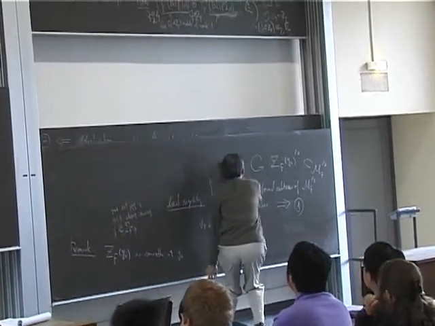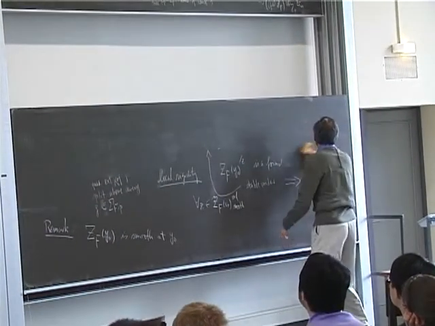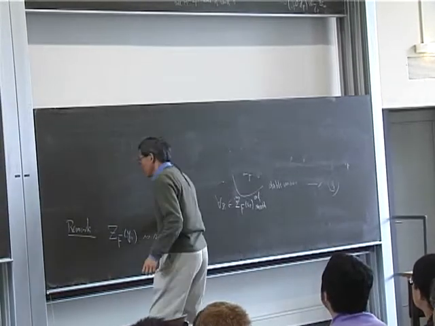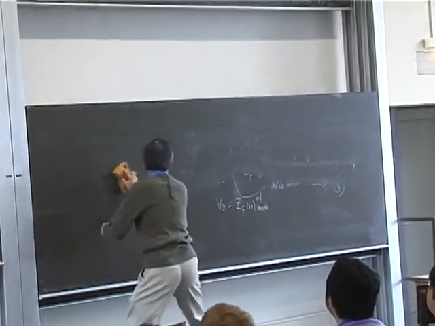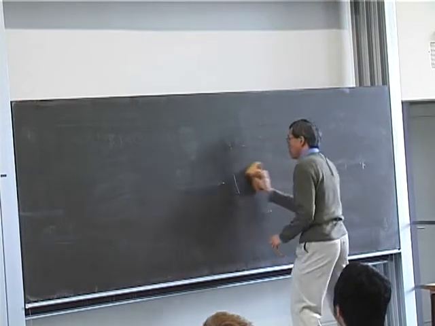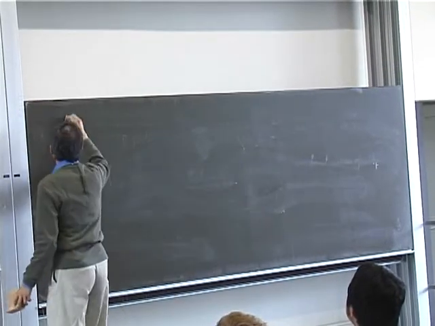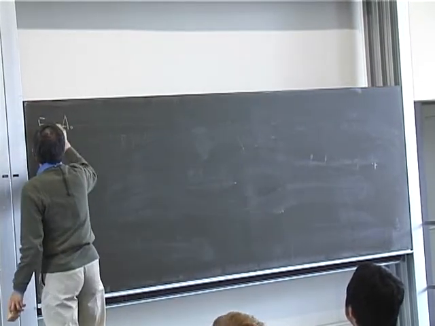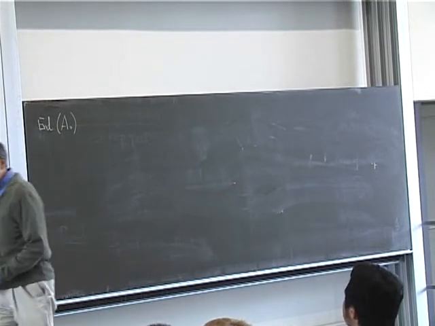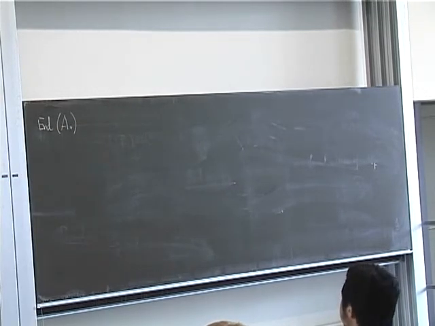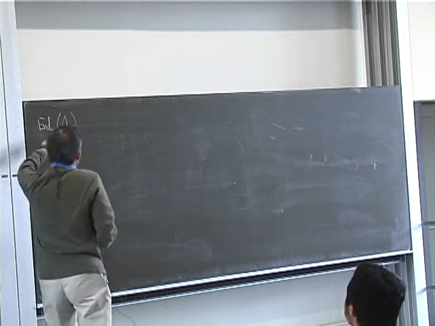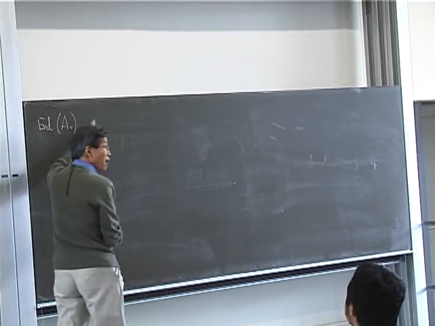From Franz's talk, we know that this abelian variety A0 is defined over the algebraic closure F_p bar of F_p.